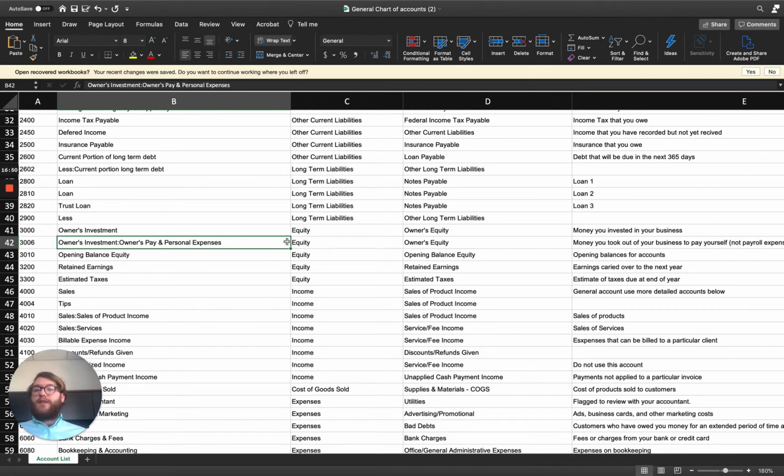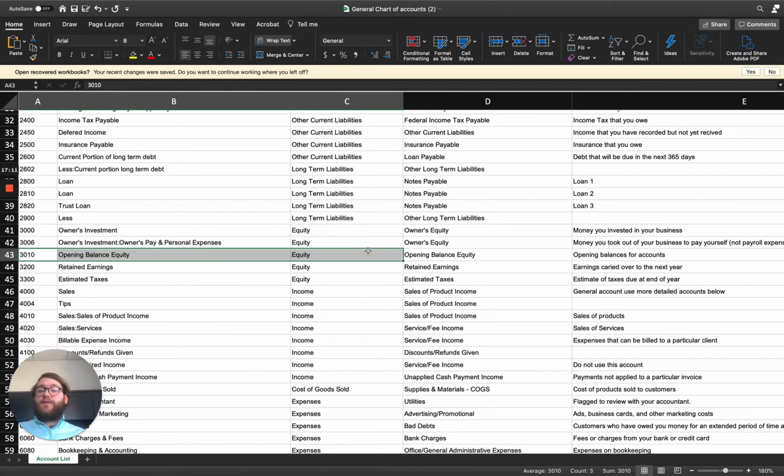At the end of the year, we need to report that to the IRS because that could be taxed, potentially. So we always keep track of that. That way, if you invest money and pull money out at the same time, we can have that go against each other.